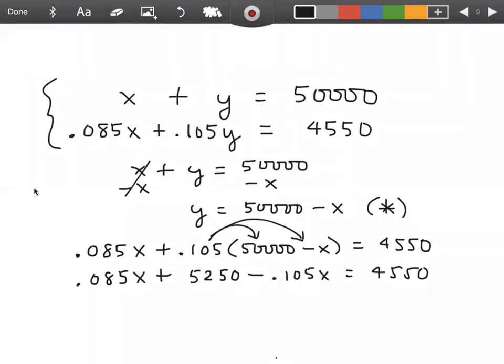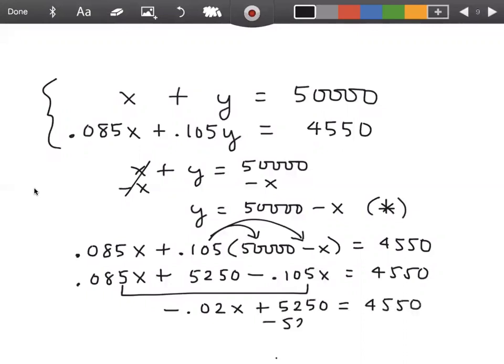We'll combine the like terms. Be careful with your decimals. 0.085 minus 0.105 is negative 0.02. And that's X plus 5,250 equals 4,550.